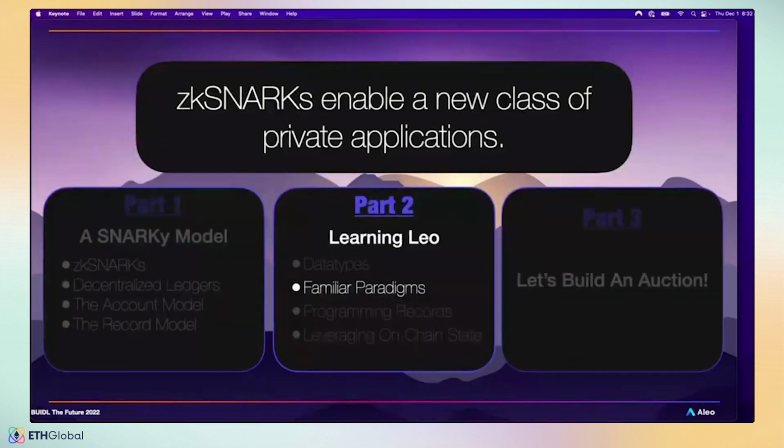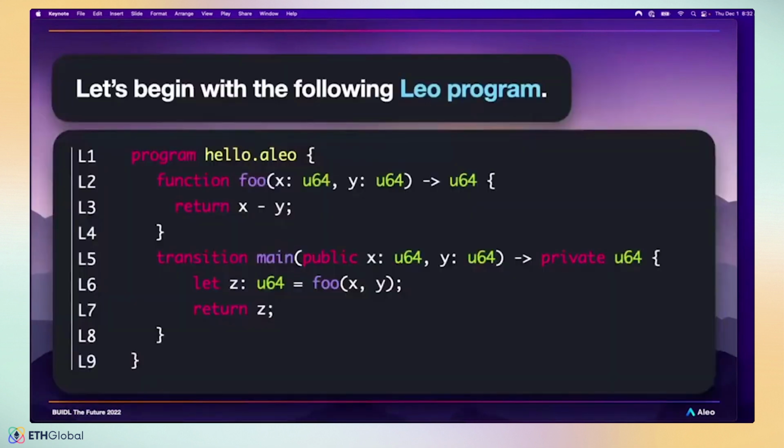So now let's look at some Leo code and actually see some of the familiar paradigms that Leo provides to users. So here's our Hello World Leo program. From line 1 through 9, you define a program scope and its associated name, hello.aleo. On line 2, we have a function foo, and on line 5, we have a function main.